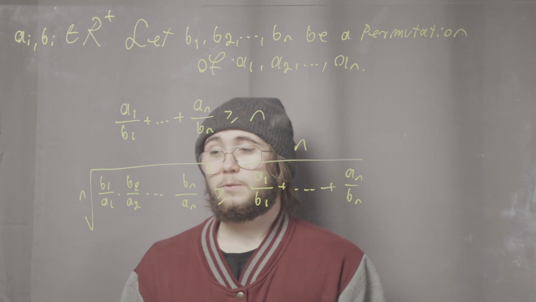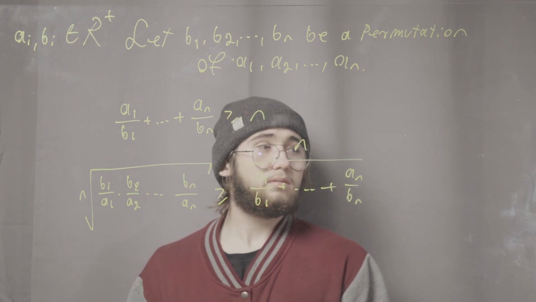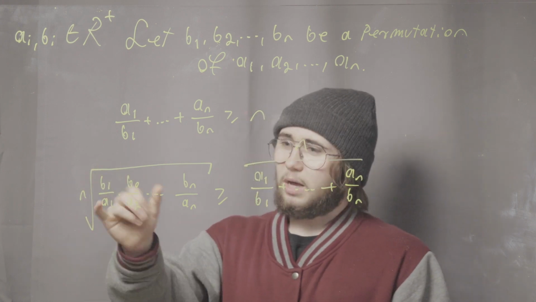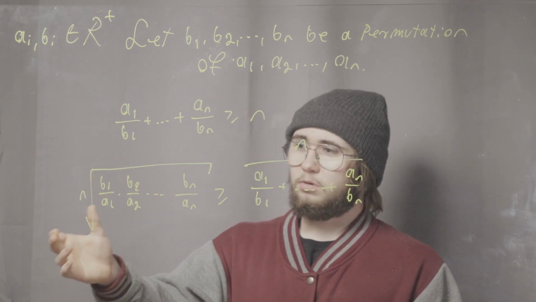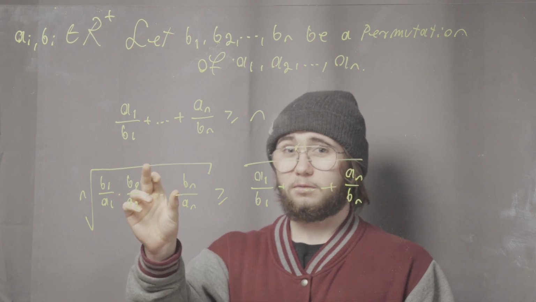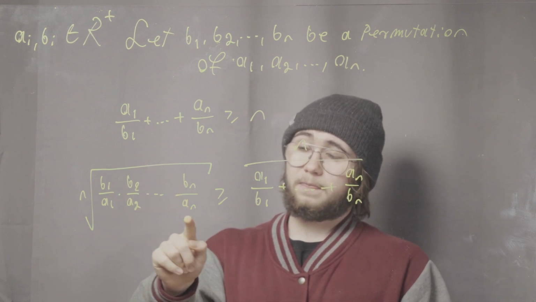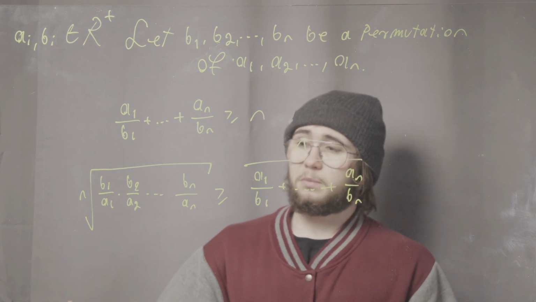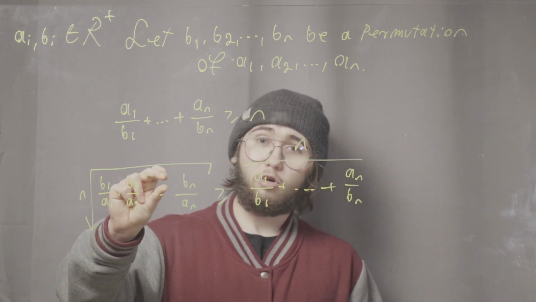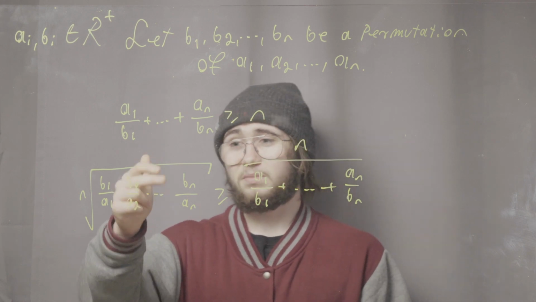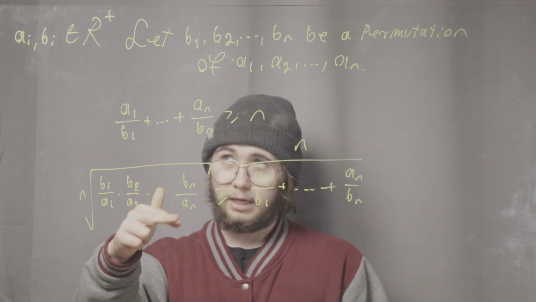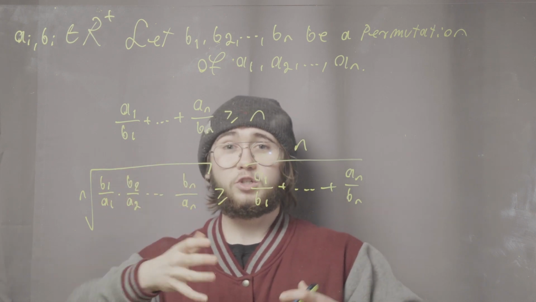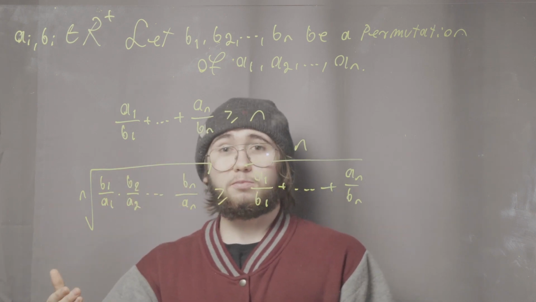So after multiplying them all together, you will get the same number as after multiplying all the ais together. Multiplication doesn't care about order, so we will get the same number in the numerator and the denominator. If those are the same, then the whole fraction is just 1, and the nth root of 1 is 1.